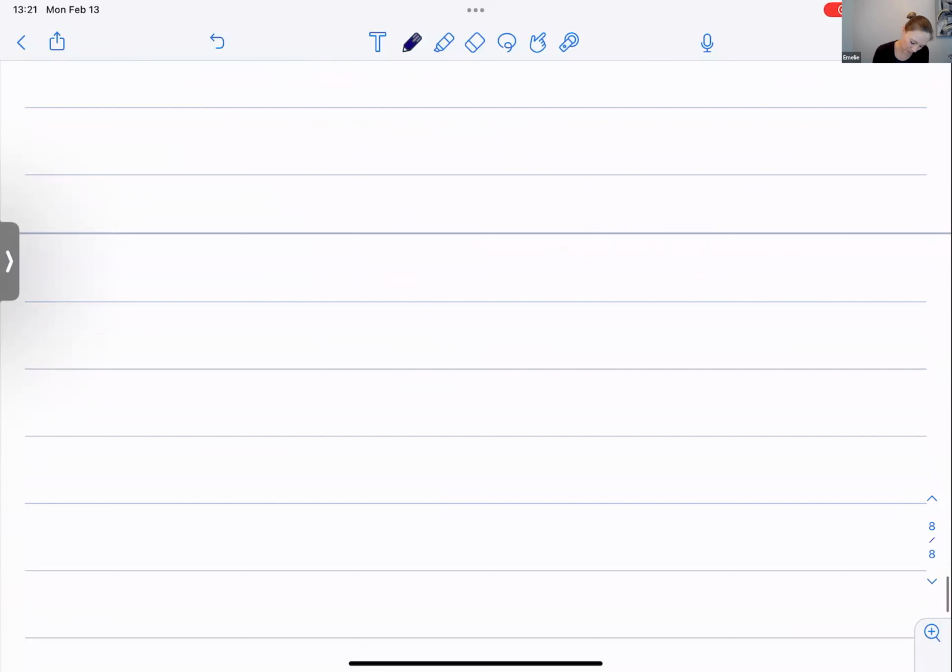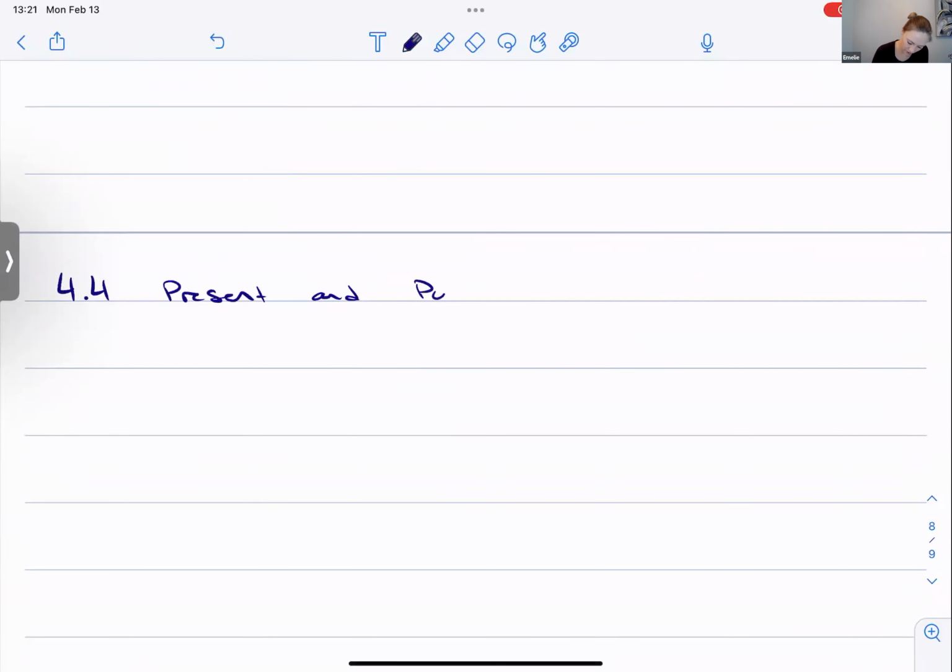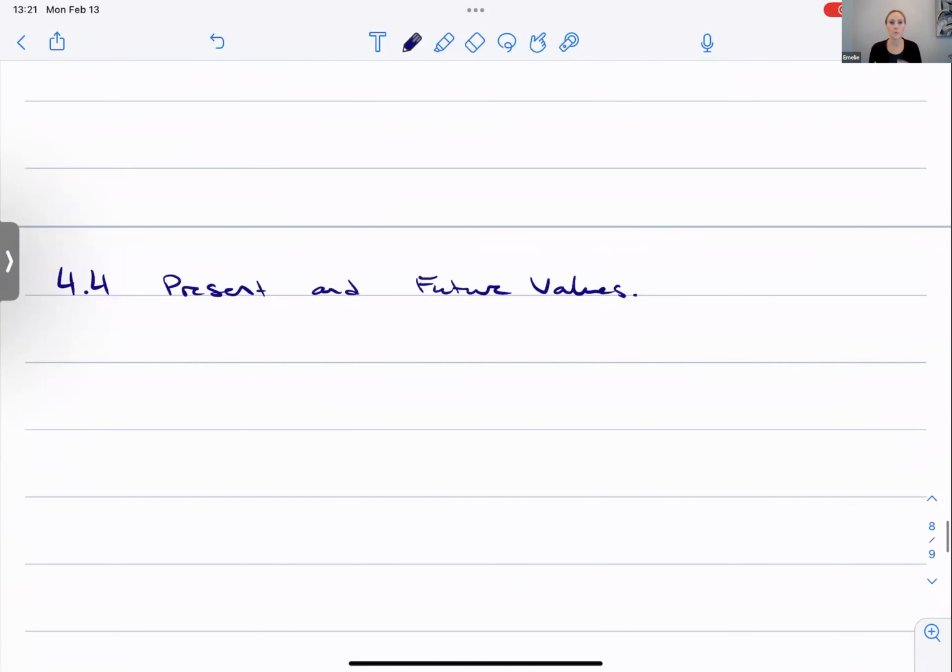Okay, and so let's see, section 4.4 is on present and future values. Okay.